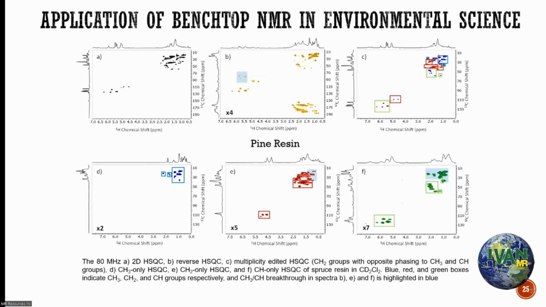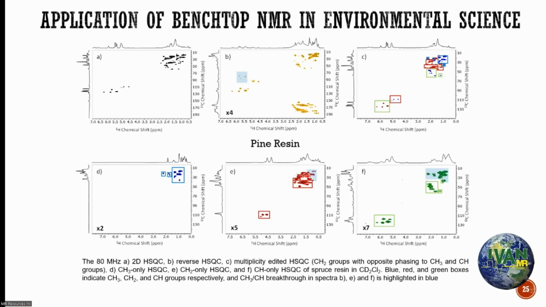Now, talking about advances in NMR technologies, it is now possible to actually do multidimensional NMR on this benchtop NMR system. Here we're looking at the 2D NMR of pine resin. In this case, we have a standard HSQC. Here we have a different form of HSQC. We call it the reverse HSQC, where the CH2 resonances are flipped onto the axis here, where it is mostly empty.